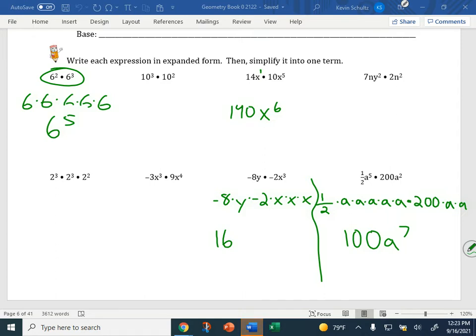And we look at our bases. And remember, way back at our definition for simplifying, it was combine like bases. X and y are different bases. So we can't really combine them. We have to keep them separate. And it would be most proper to write that as x cubed y. Because remember, standard form, you put the higher exponent first, which would be the x cubed.